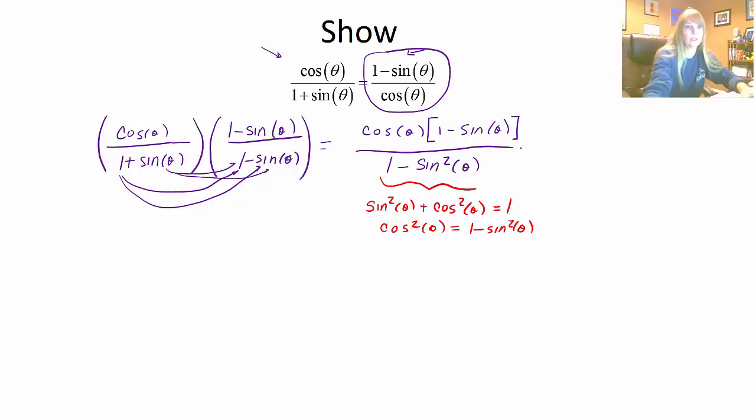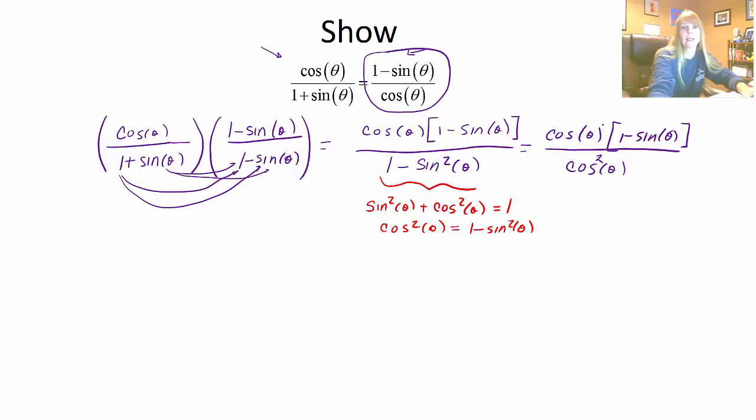And so once again, I'm not doing anything up top. So cosine theta, 1 minus sine theta. And then the bottom I'm replacing with cosine squared, I'm sorry. Don't let me make that mistake. Okay, so notice 1 minus sine squared is cosine squared.